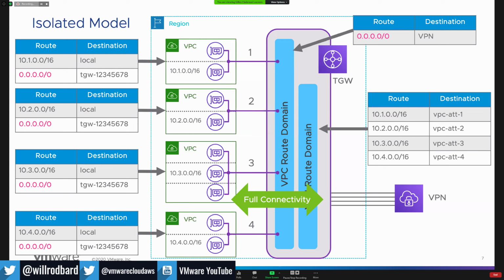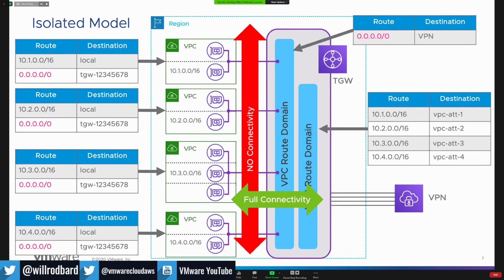So if I have any data coming from on-prem and needs to go to VPC attachment 2, I know the way to send it. So here I have east-west connectivity, but no connectivity north-south. So this is important. And I really wanted to present these two models because we are using them in the VMware Transit Gateway. Okay?